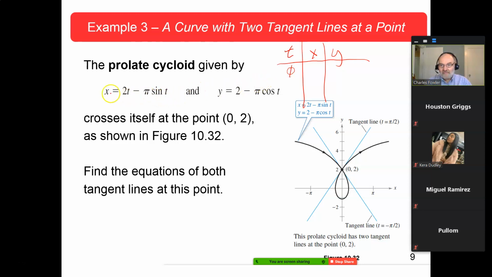Okay. When t is equal to 0, x will be 2 times 0 minus pi times sine of 0. Well, sine of 0 is 0. 0 minus 0 is 0. So x is going to be 0. Okay. y is going to be 2 minus pi times the cosine of 0, which is 1.